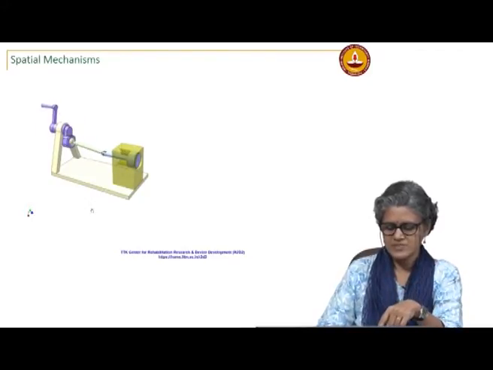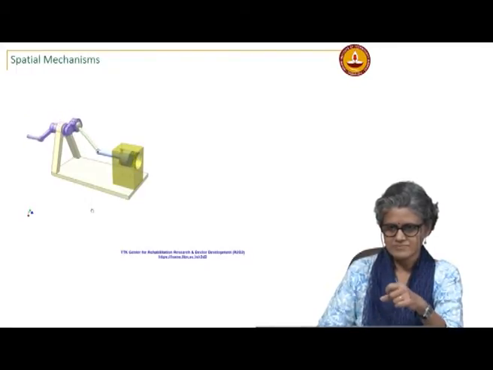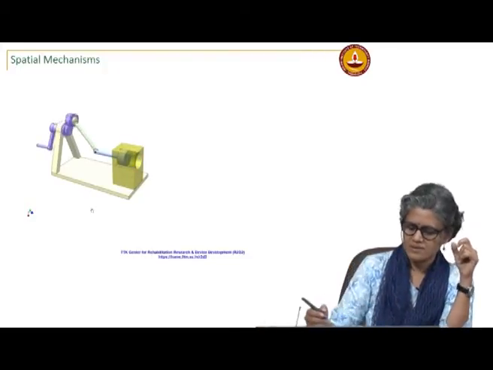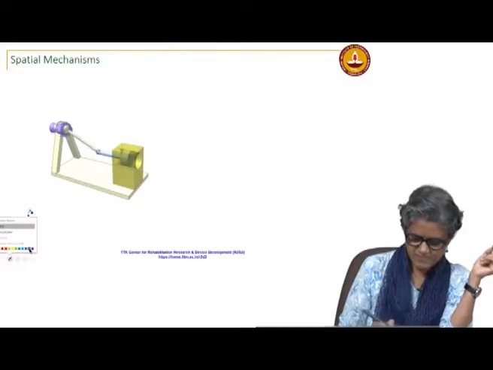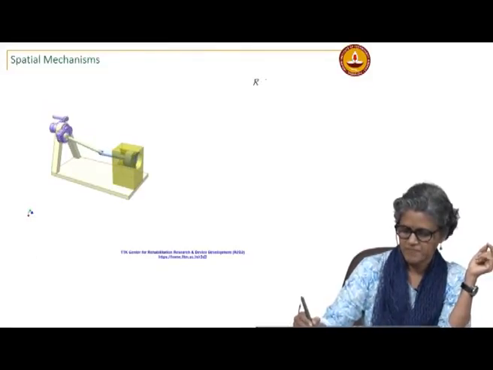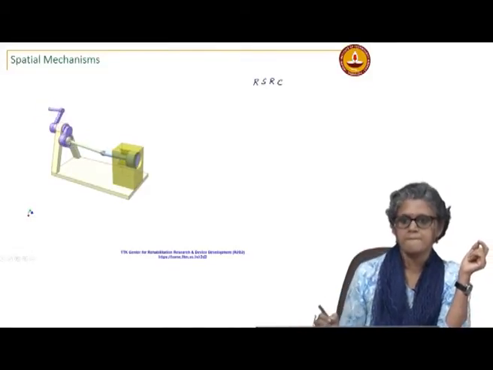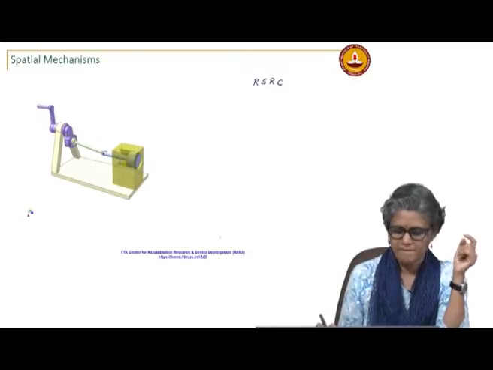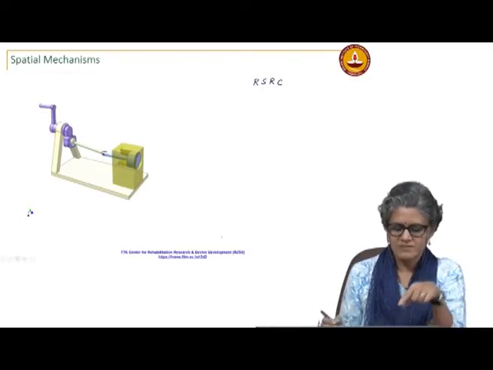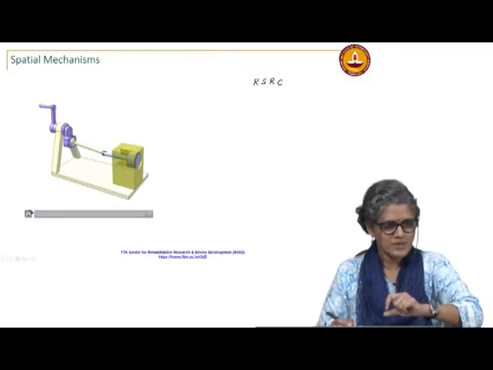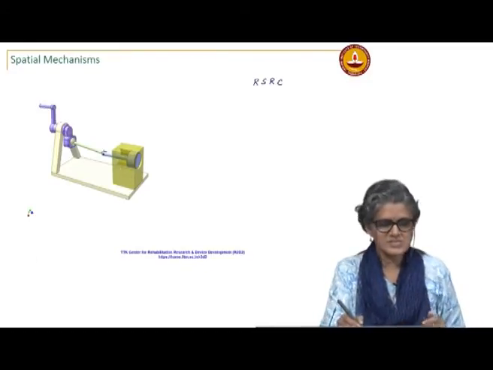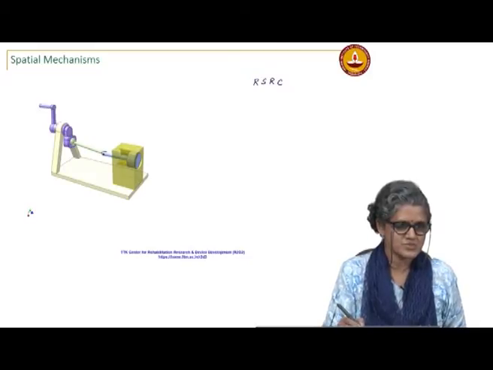If you look at this side, then you can see what is happening with that. So, he is right, it is an RS RC. You can see this thing rotates and also slides. So, this is a cylindric joint between these two.